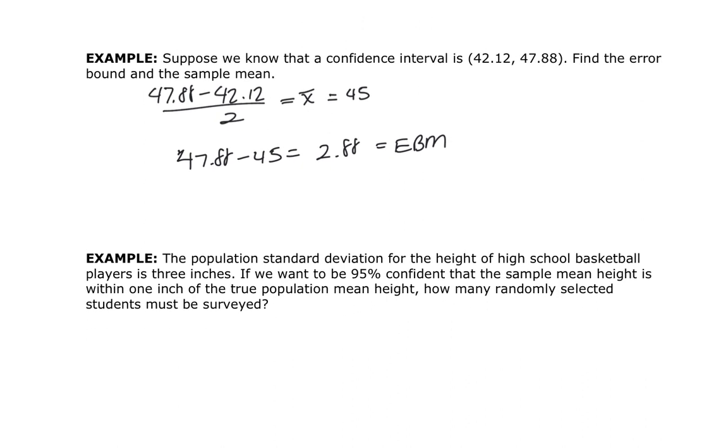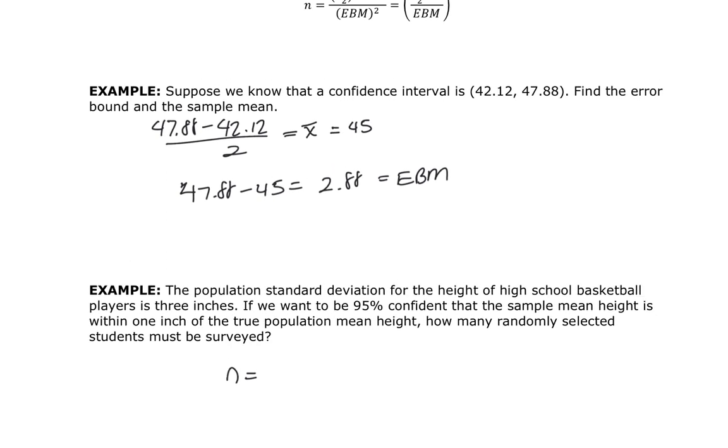Now, the population standard deviation for the height of high school basketball players is 3 inches. If we want a 95% confidence level that the sample mean height is within 2 inches of the true population, how many randomly selected students do I need to survey? My n is going to require my z alpha divided by 2.